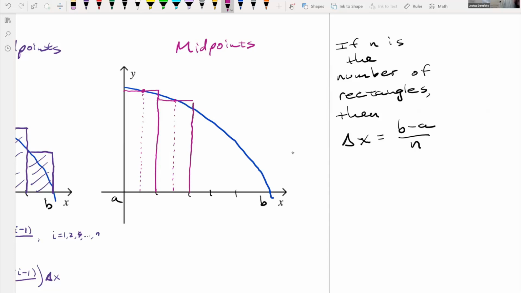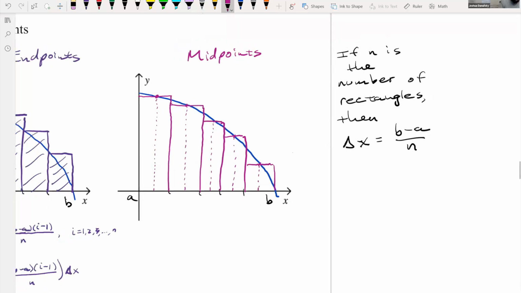So we have a little bit of each rectangle that's below the curve and a little bit that's above the curve. And same thing here. Pretend these are evenly spaced. I know it's not quite right, but good enough for our needs right now. Like that. So this is what it looks like when we use midpoints of each interval.